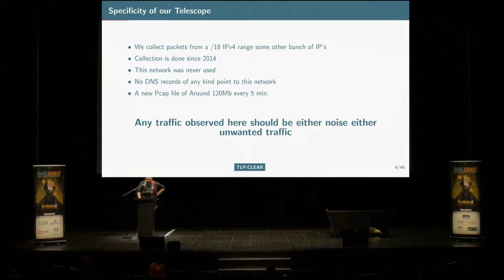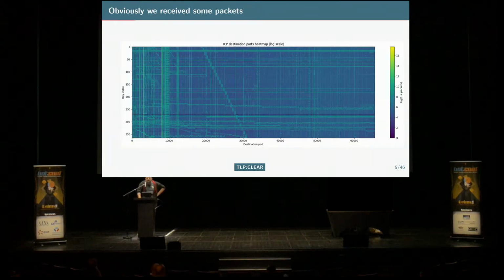We don't have any DNS record or whatever. So with a range which is not allocated, which should not be reached because there are no DNS records, we observe 100 megabytes of packets every 5 minutes. Normally we shouldn't have any packets there, but obviously we receive some.